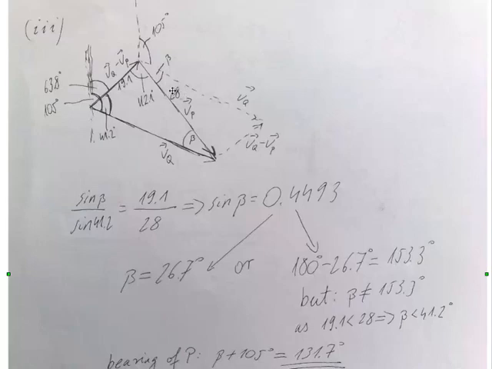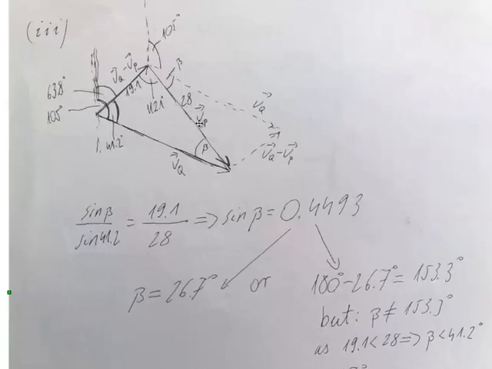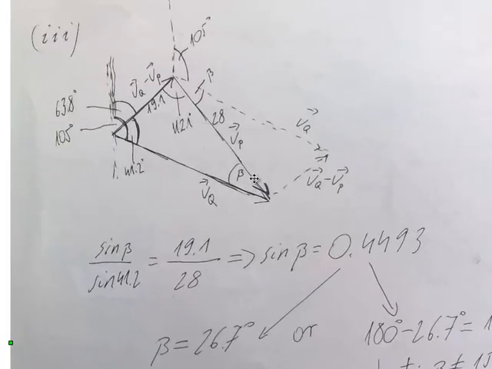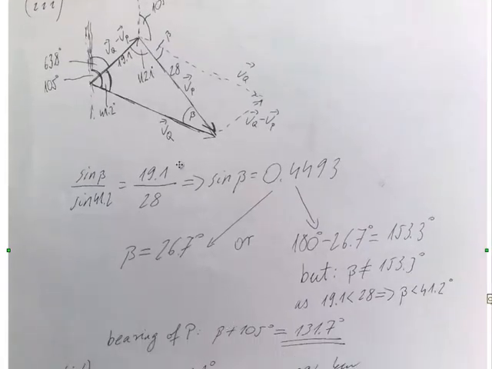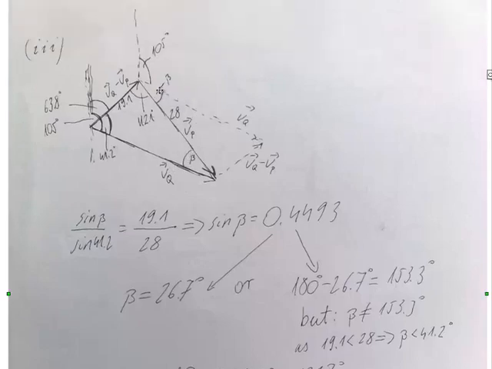So beta is less than 41.2. Yes, and we know beta. Beta is here too.